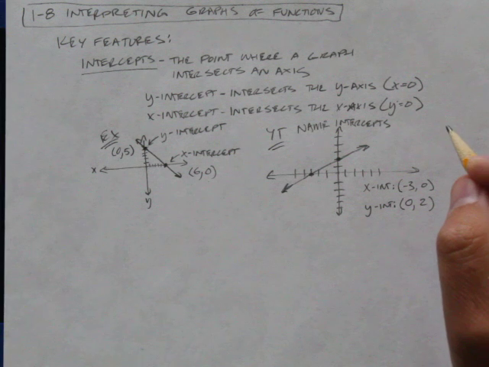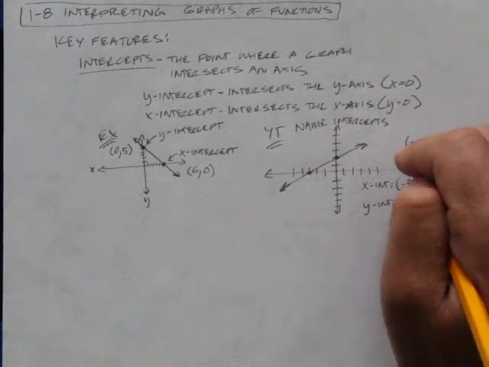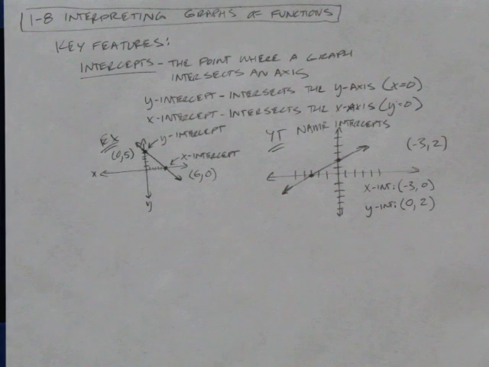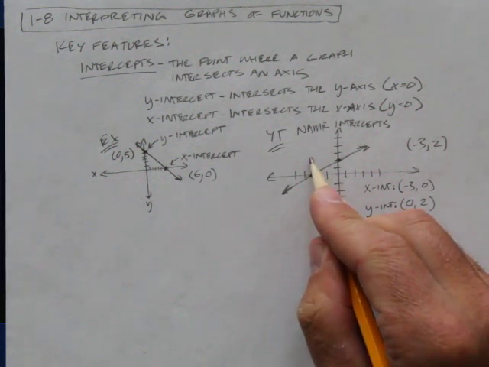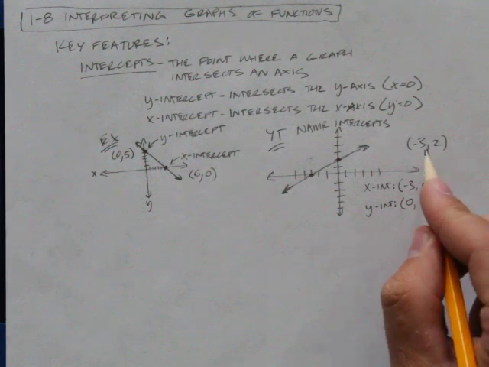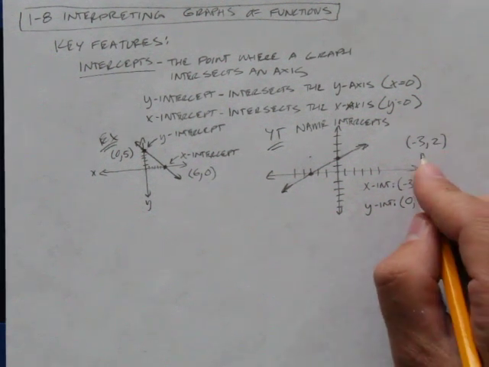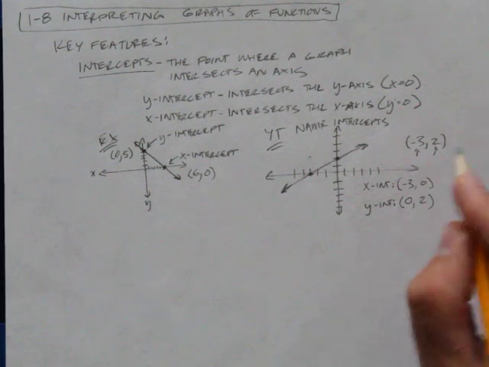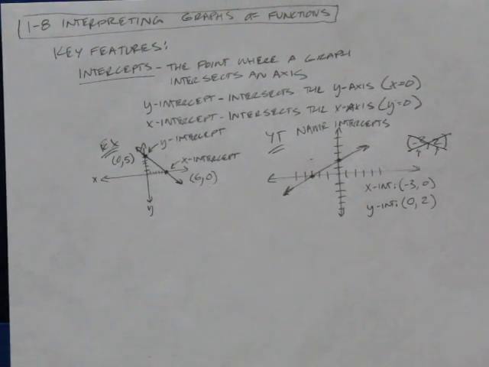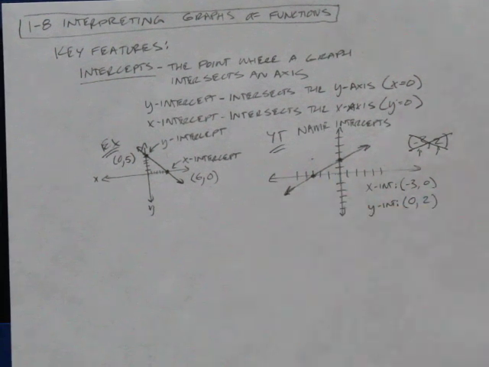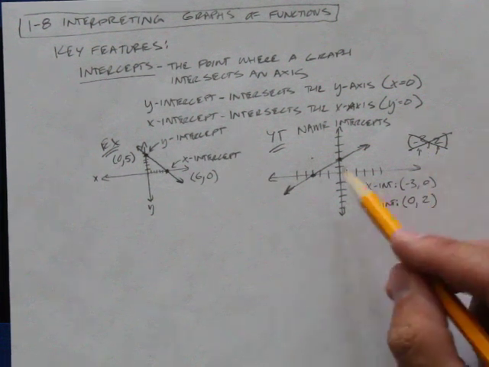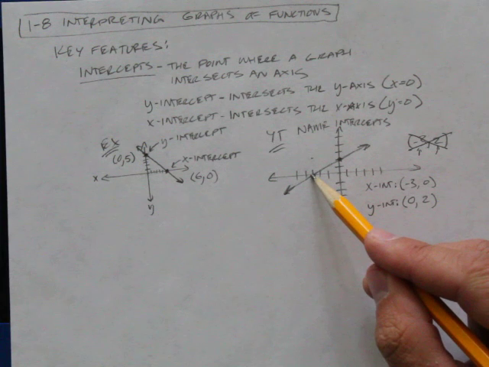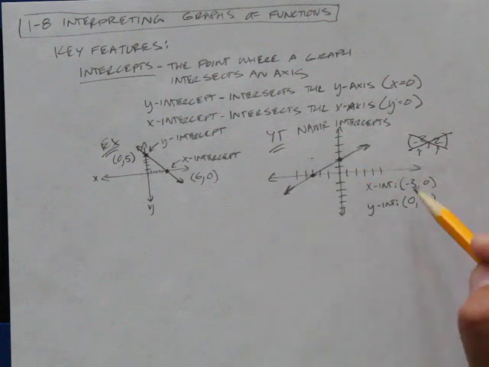Now, be careful not to write (-3, 2). That is a point right here. When you're looking for an x-intercept and a y-intercept, don't make it one point. It's two different points. It's something that I see on the tests quite a bit. The x-intercept is one point right here, and the y-intercept is a different point, two totally different points.